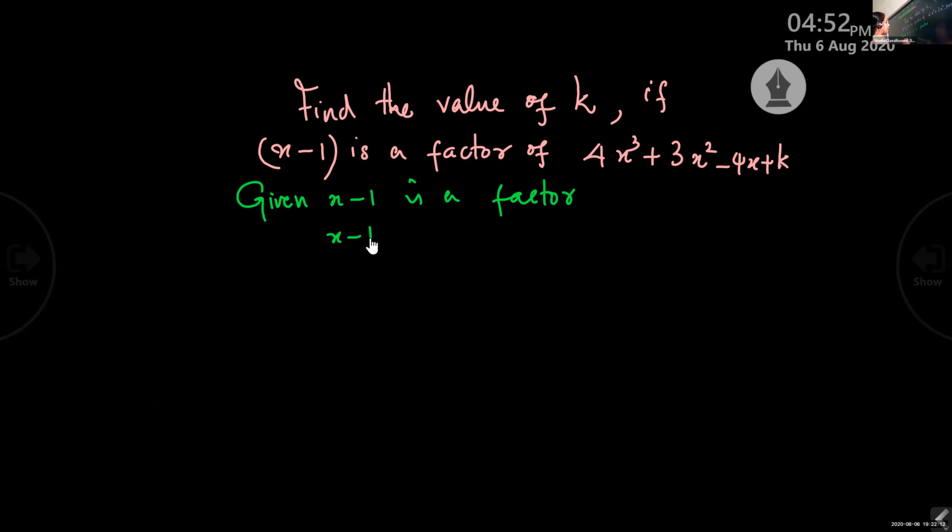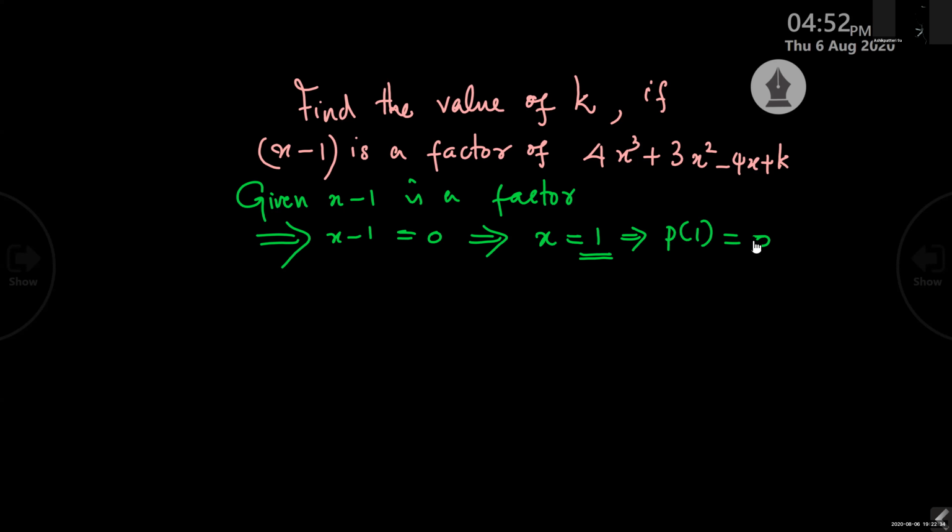It's okay. X minus 1 is a factor means x minus 1 you equate to 0. That is x equal to 1. That implies P of 1 equal to 0. Clear? Yes, ma'am.